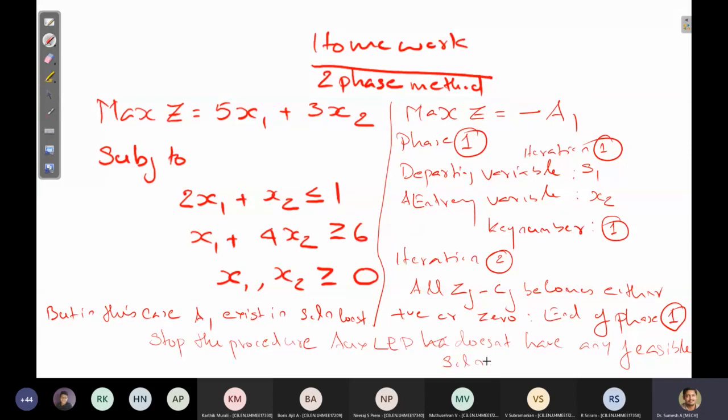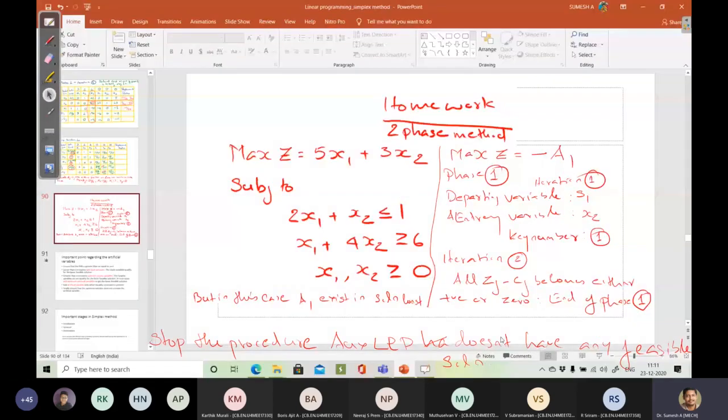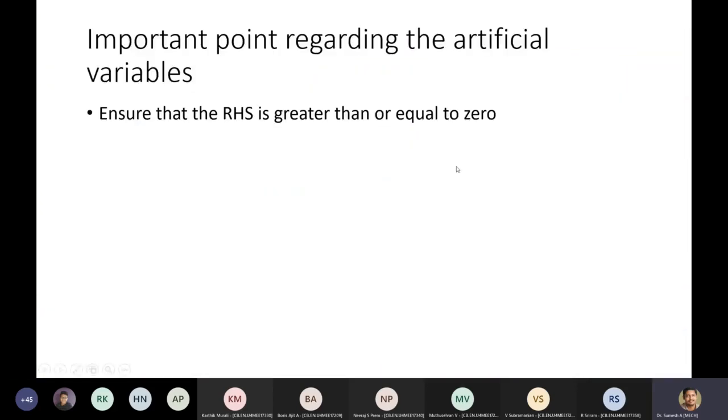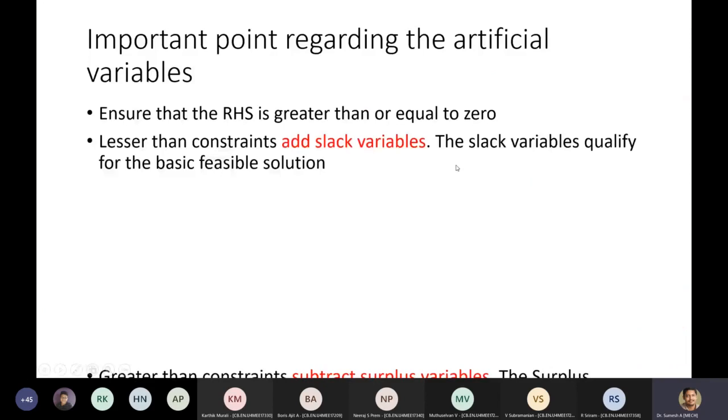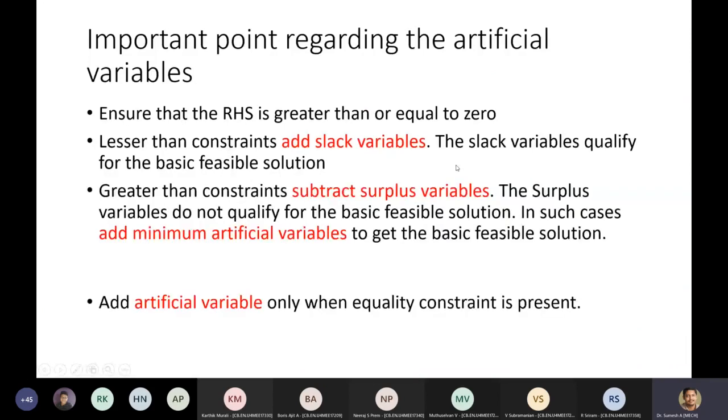So these are some of the basic drawbacks which are there in the simplex method. Due to many reasons, if you have not formulated properly or taken care of the problems properly, these things will happen. We saw these in yesterday's class, along with some problems.